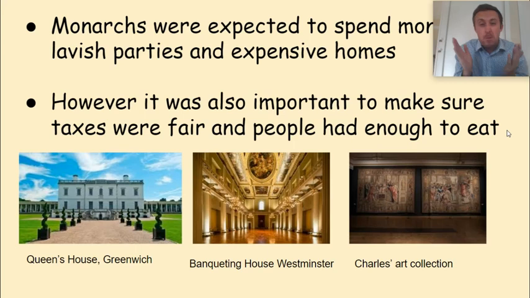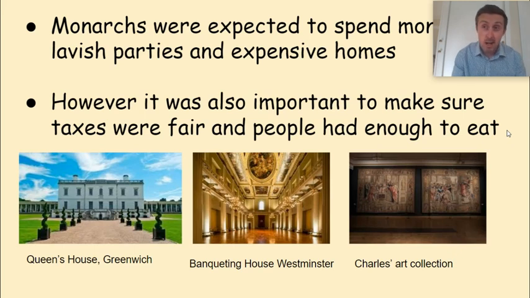People sort of expected that from a monarch, but it was also important to make sure that the taxes people were paying were fair so that people had enough money to eat and to just survive. So if a monarch is spending loads and loads of money on lavish stuff, then they're going to need lots of taxes. But if people are going to have to pay lots of taxes, they are going to struggle just to meet their basic needs and struggle to survive.